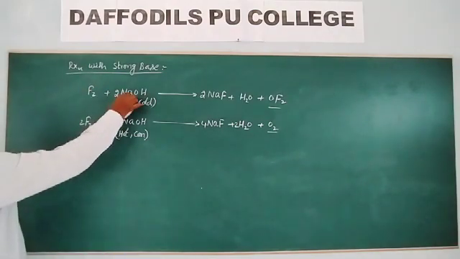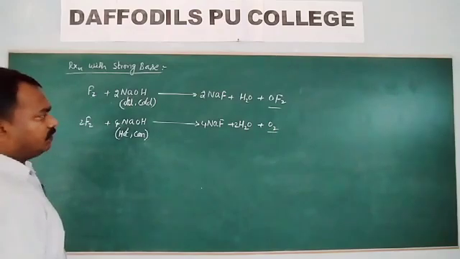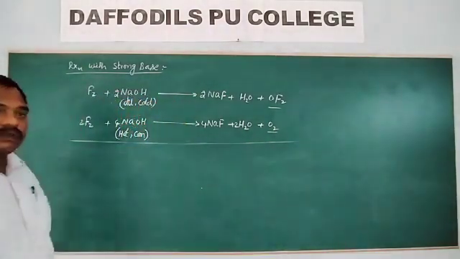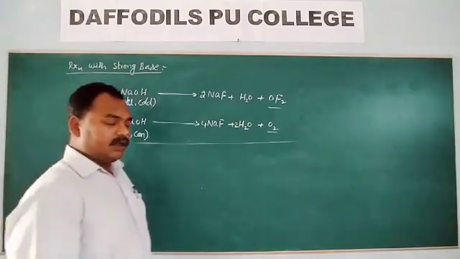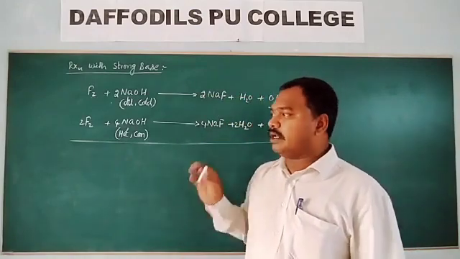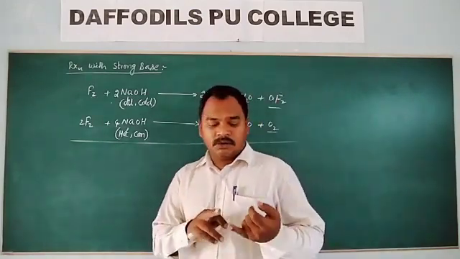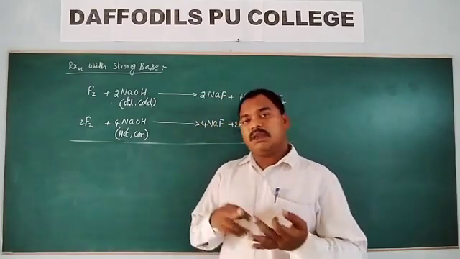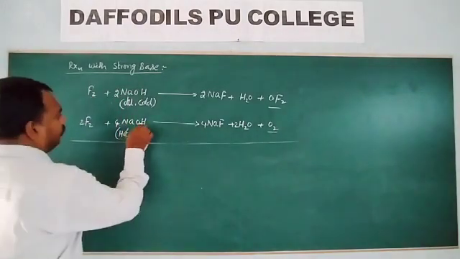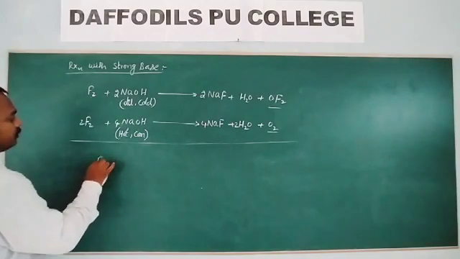So like that, fluorine reacts with a strong base like sodium hydroxide in two different ways. Similarly, chlorine, bromine and iodine also react with sodium hydroxide in two different ways.